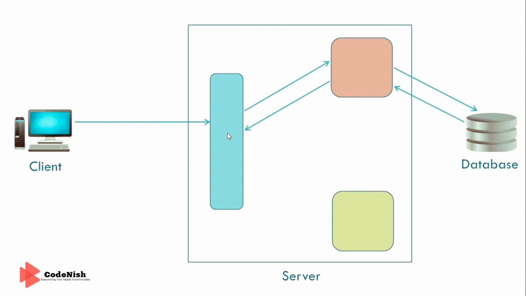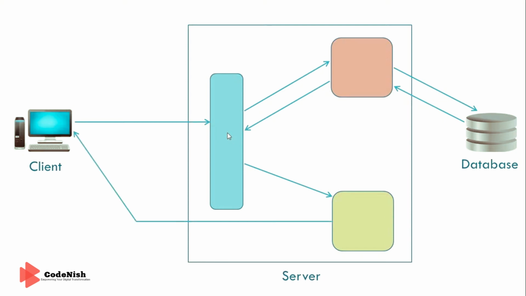Blue gives the raw data to Green, and Green will format the data so that it looks attractive to the user. Maybe Green will arrange it in a tabular format, or apply some styling to it so that it appears good. And now this formatted data will be sent to the client.